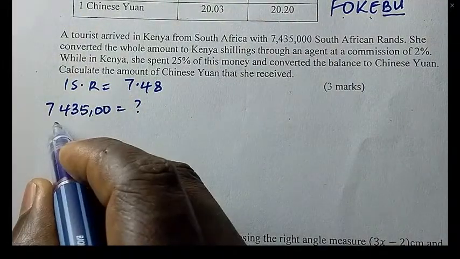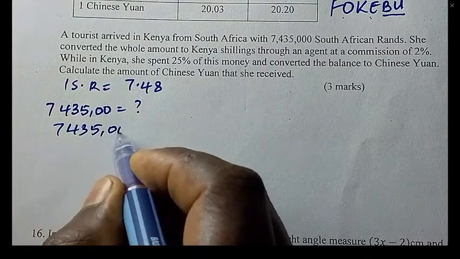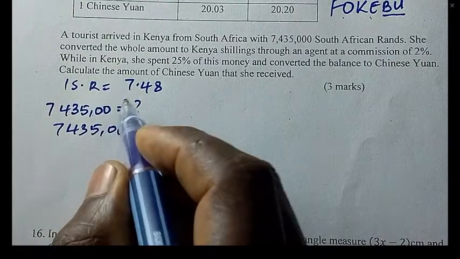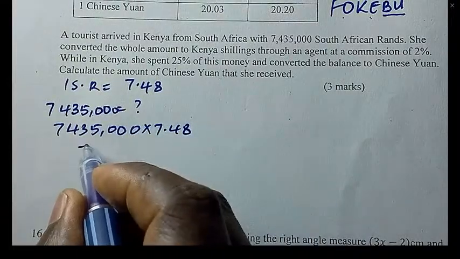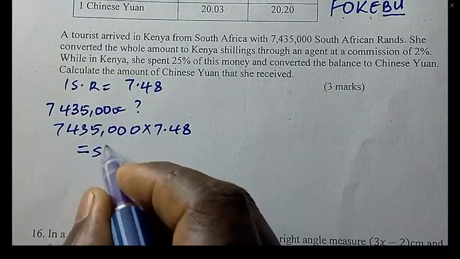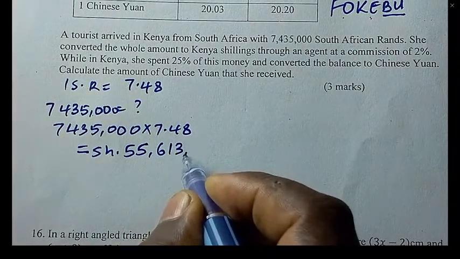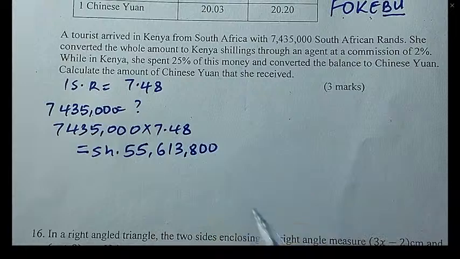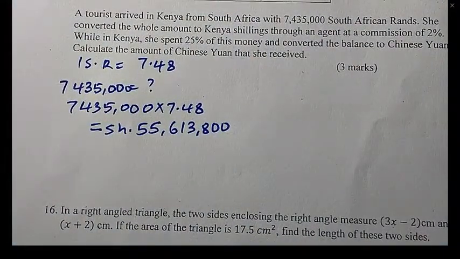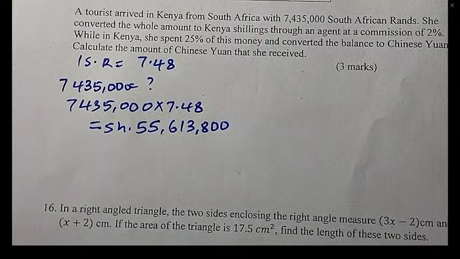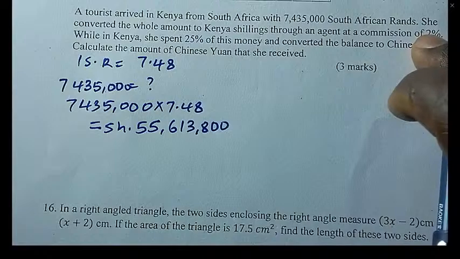So 7,435 times 7.48 gives shillings 55,613,800. That is Kenya shillings. Then definitely the one who changed it for her will take his commission of 2%.